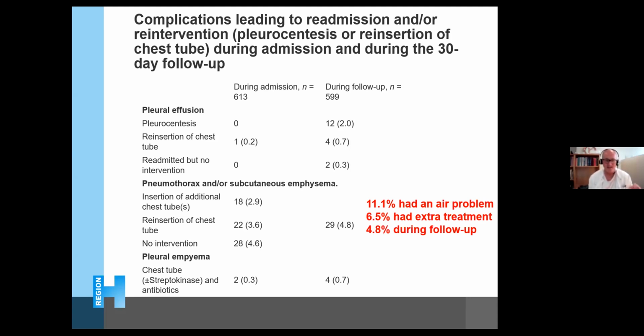So air leaks, as concluded by many of the other presenters, are the major problem.